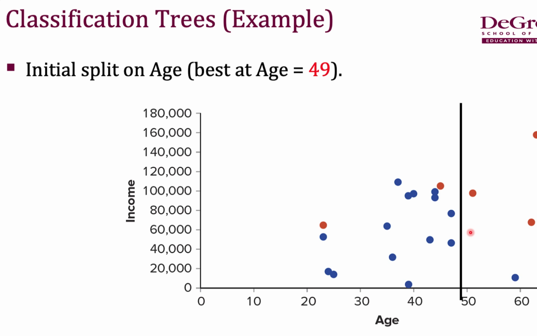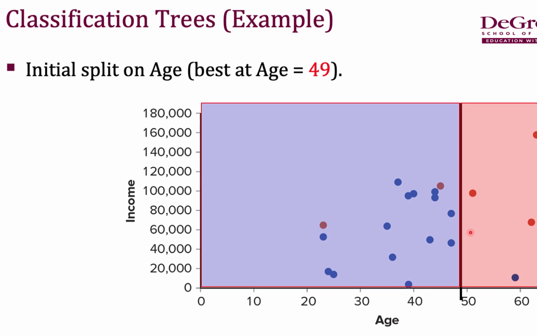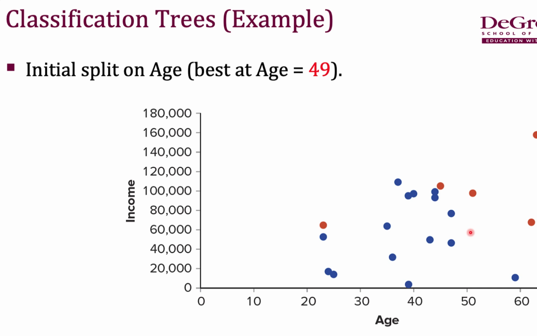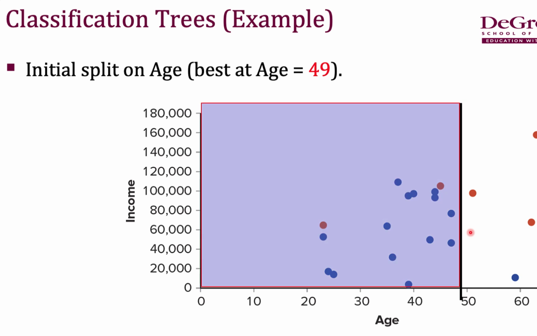So let's say we have decided to use 49 on age, then we have two resulting regions. It's actually a bit nicer than before the branching. Before the branching, we have blue and red points. Now we still have blue and red points in each of the two regions.